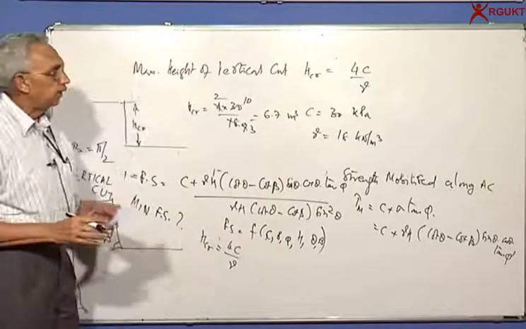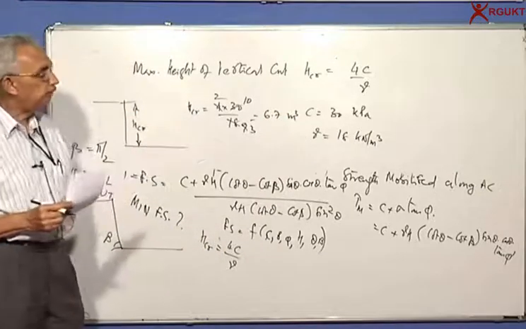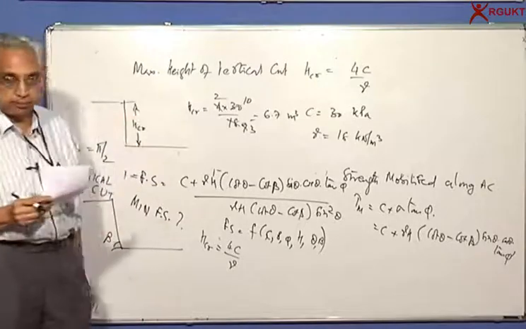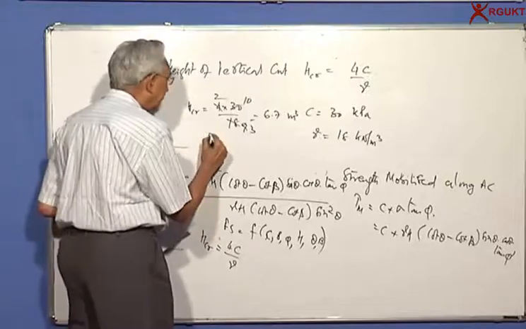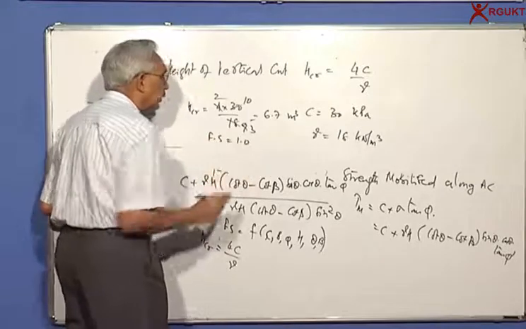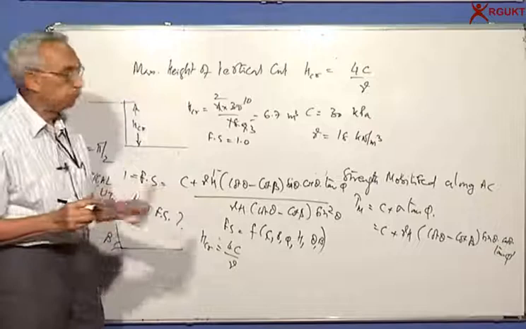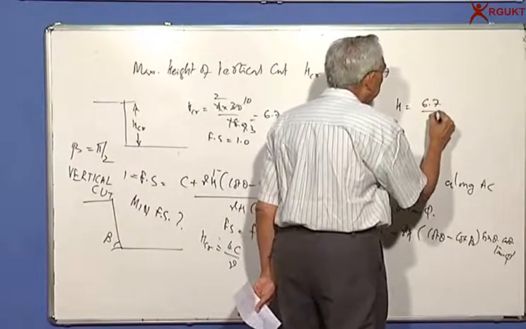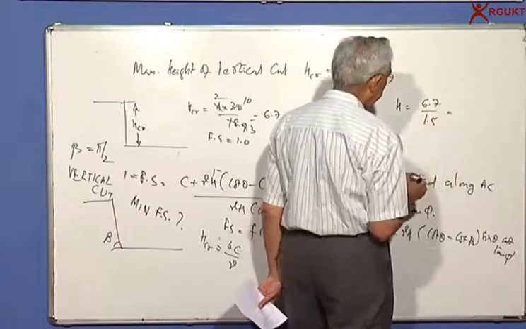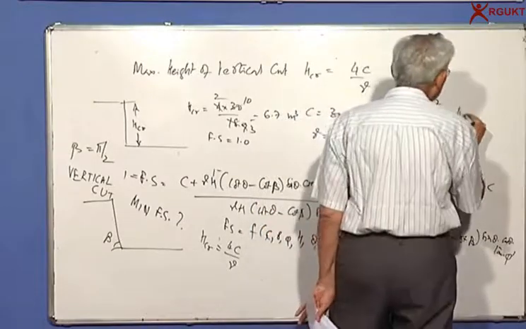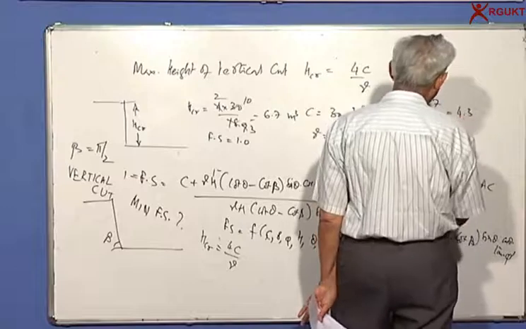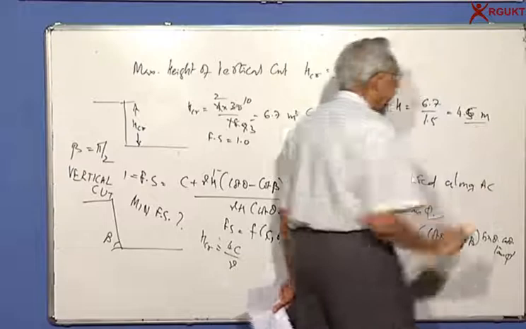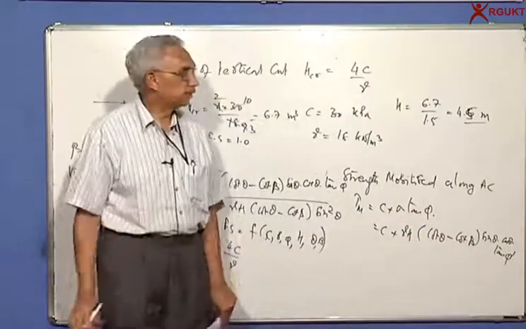With a cohesion of 30 kPa and unit weight of 18, you can have a maximum vertical cut of 6.7 meters with a factor of safety of 1. But if you want a factor of safety of 1.5, actual H would be equal to 6.7 by factor of safety. That gives me somewhere around 4.3 or 4.5 maybe. So that will be the maximum height you should allow for the construction of the basement.